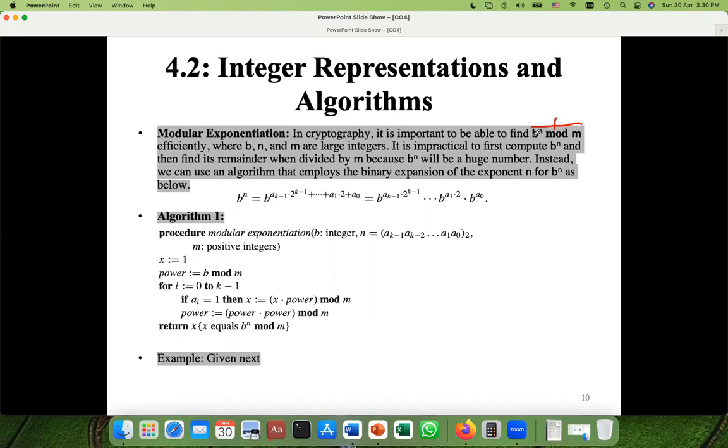Here we have to assume that this b raised to power n is a very large number. If I say 999999 raised to the power 999999999, and if I say mod 5, then it would be an issue for you to solve that equation.